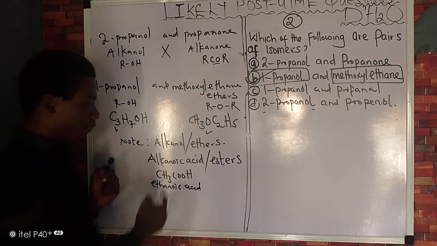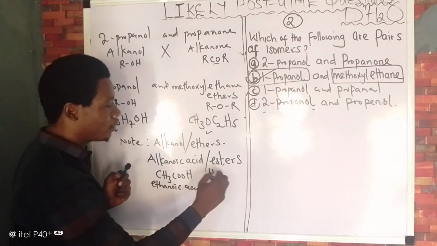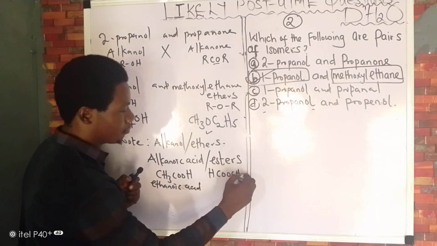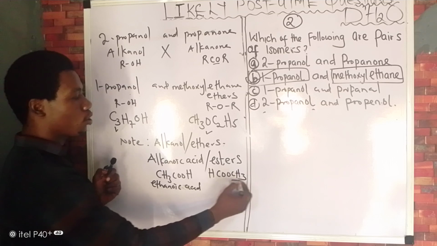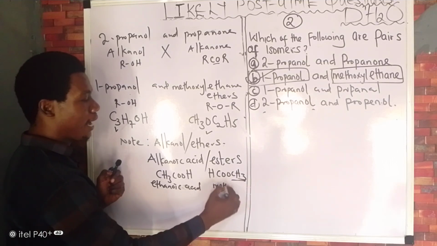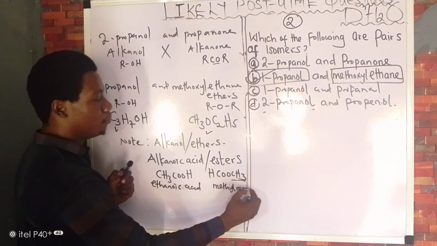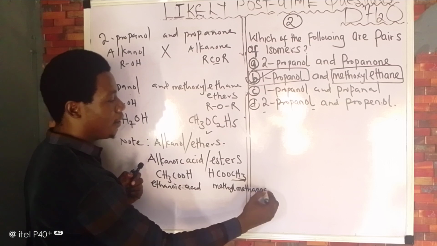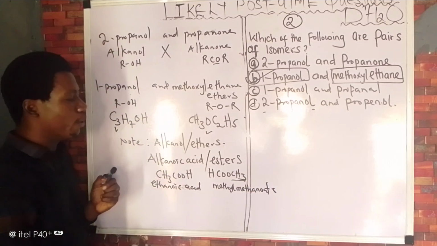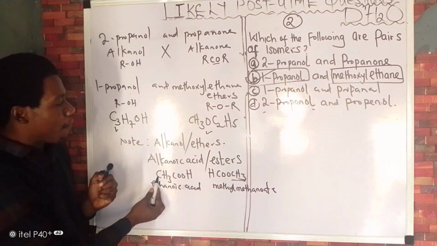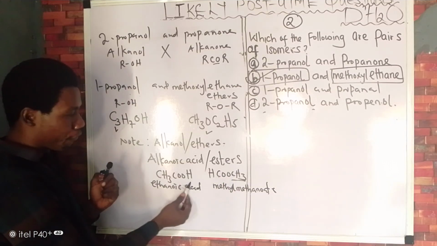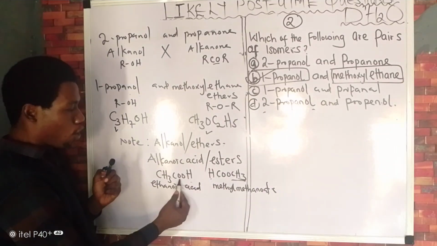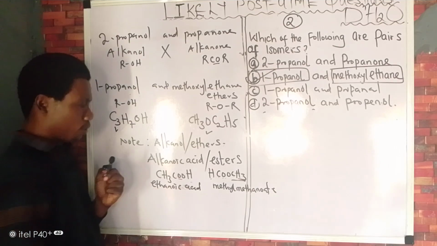How do we write it in the form of ester? We can do this. What do we call this compound? This compound is called methyl methanoate. If you watch very well, you will see that the number of carbon atoms here is 2. This one is 2. Hydrogen 3 plus 1, 4. This one 3 plus 1, 4. Oxygen 2, oxygen 2. That's how you have it.